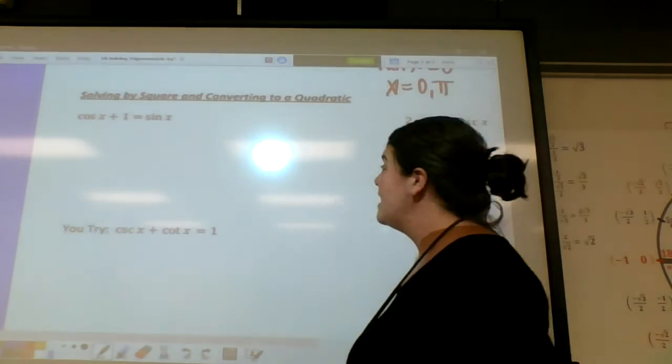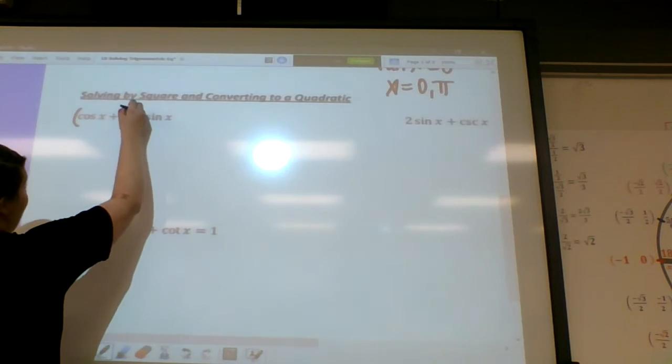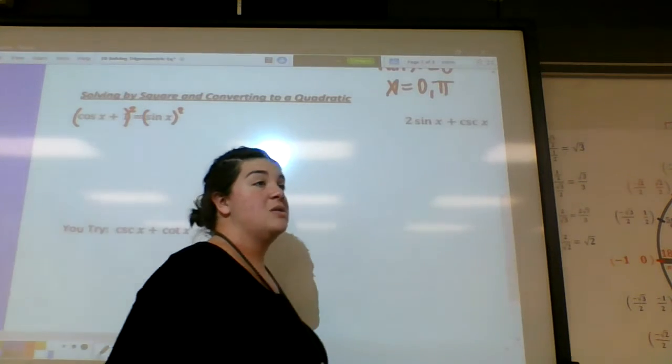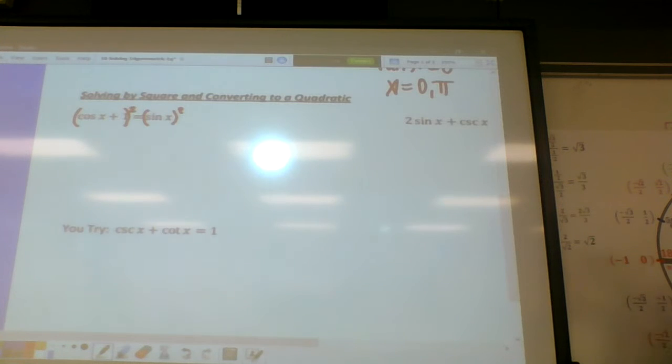So if you have a relationship here where it's not looking good and there's nothing that relates those two things together, you can always square both sides if there's a Pythagorean identity that could possibly relate them. When you square these, you have to be extra careful, right?